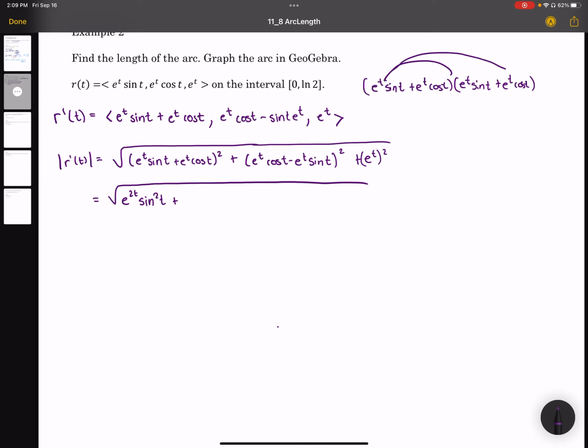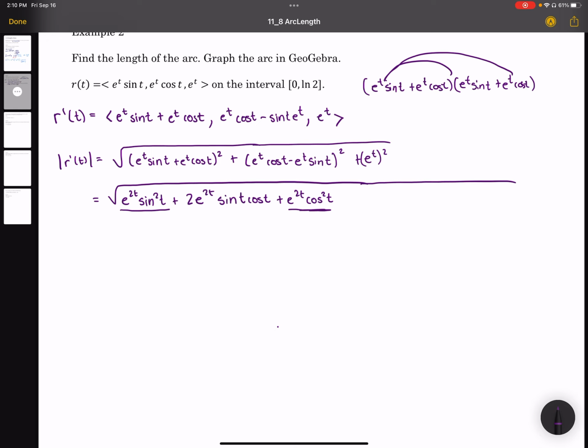And then we're going to get two terms that are e to the 2t sine t cosine t. So that's going to give us 2e to the 2t sine t cosine t plus e to the 2t cosine squared t. So what we should immediately see is that sine squared plus cosine squared equals 1. So that's something that we can get rid of.